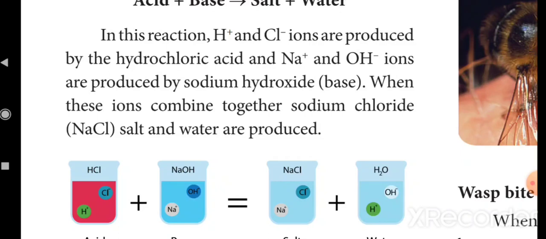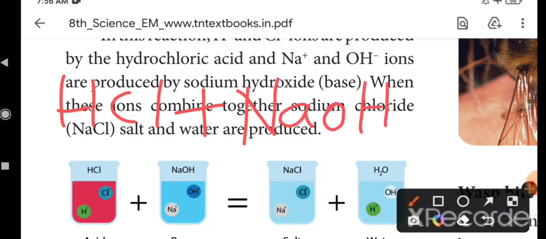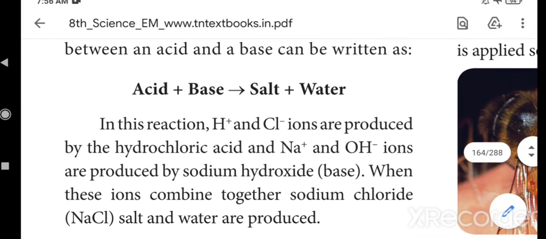Okay, the acid is HCl, hydrochloric acid. Then the base is NaOH, sodium hydroxide. So the acid and base react and give us one salt and water. This is the basic formula. Already you know, acid and base react and give a salt plus water. This is a common formula.